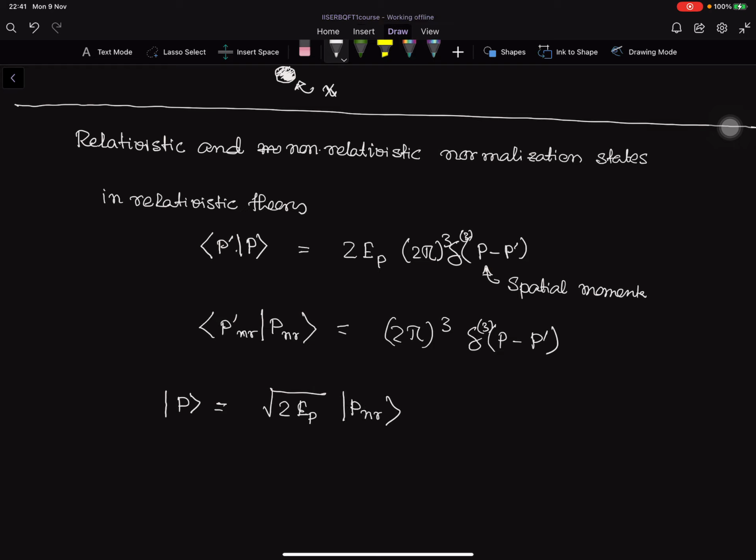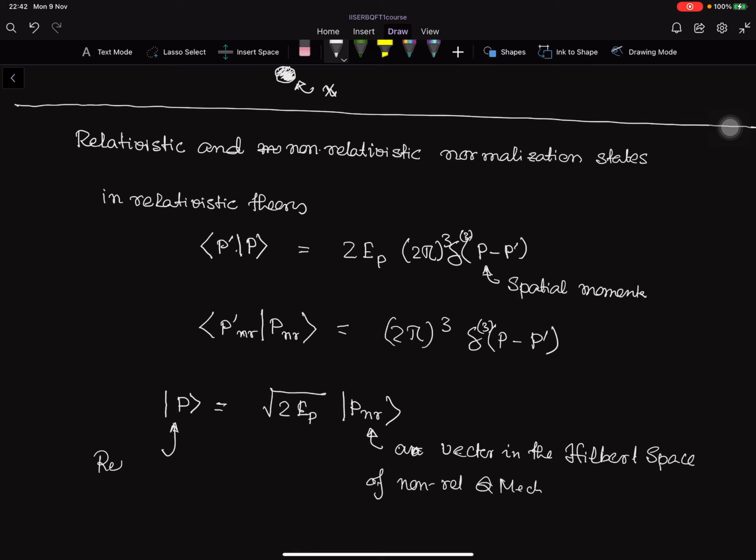This is a vector in the Hilbert space of non-relativistic quantum mechanics, and this is in relativistic theory.